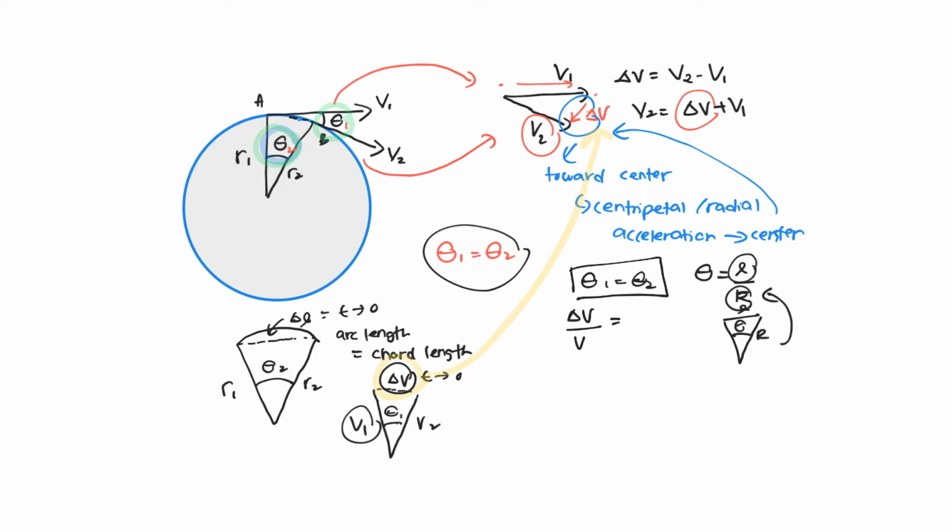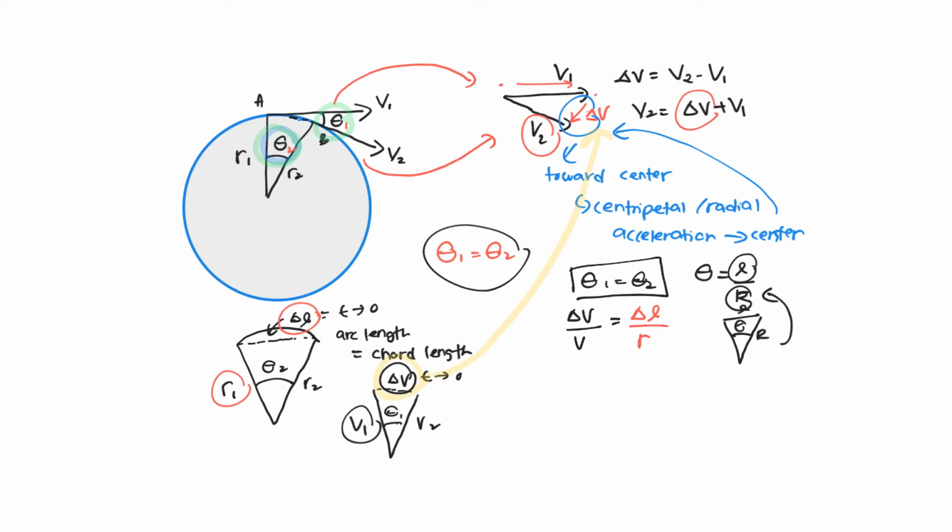For theta 2, the L here is going to be the change of L, and your R here is going to be r1, because when t approaches 0, r1 and r2 will be the same. So I'm going to put it as R only.